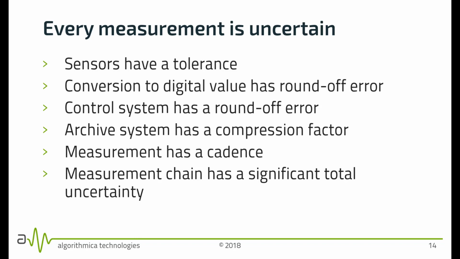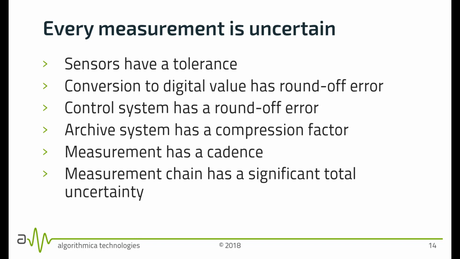The control system's value is backed up by the archive system or the historian, and those values are usually saved only if the value differs from the last value saved in the historian by a certain amount, and that certain amount is called the compression factor. Depending on what you have set the compression factor to be for the particular tag, that is usually the dominant factor in this, and is usually quite large.